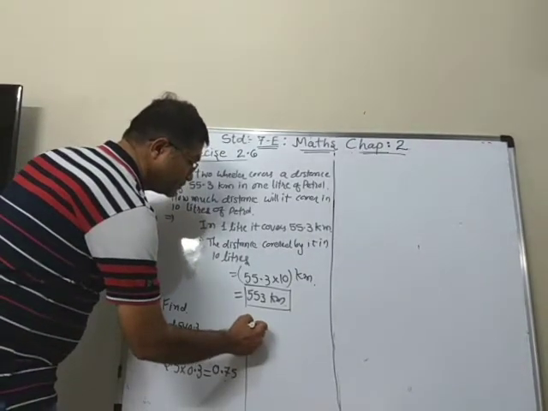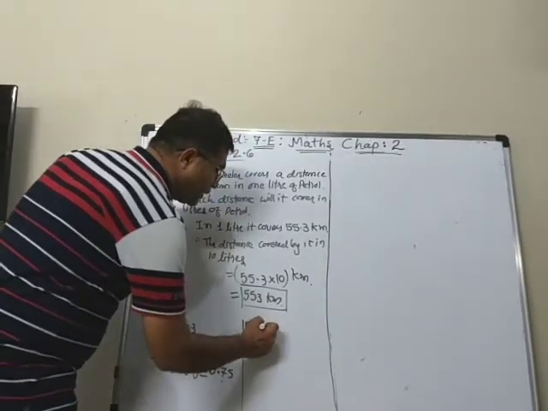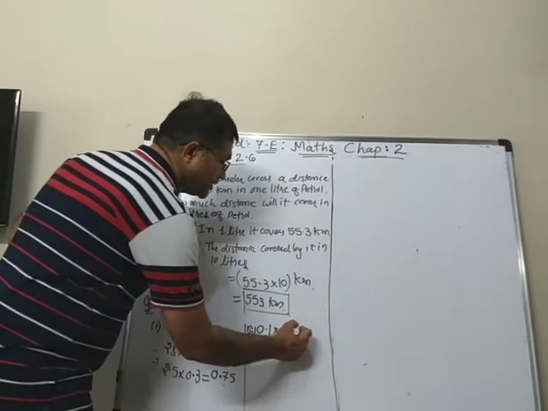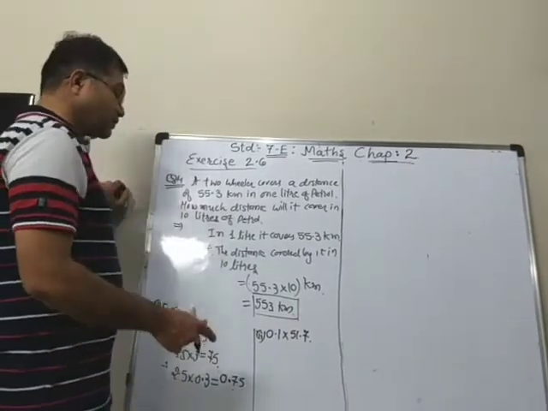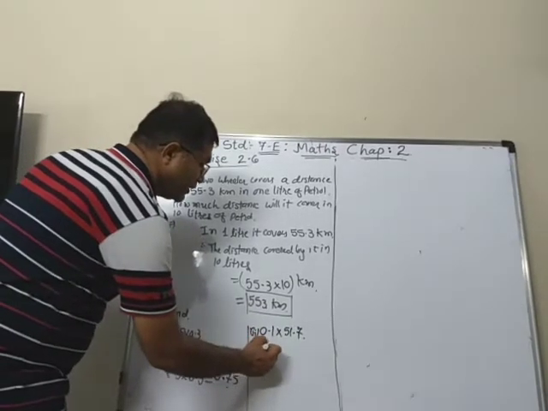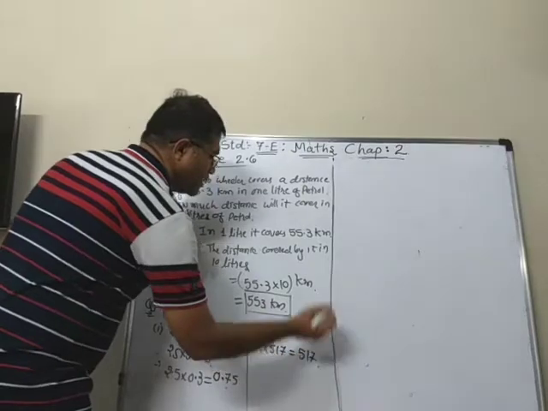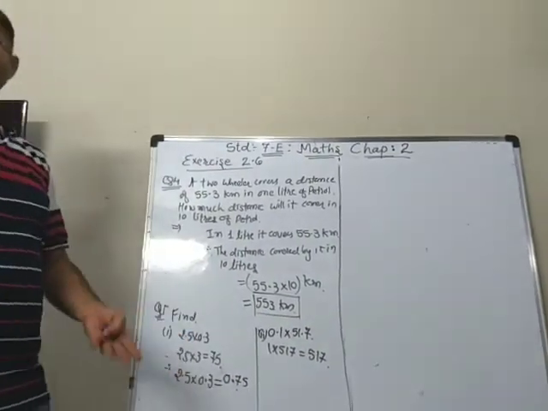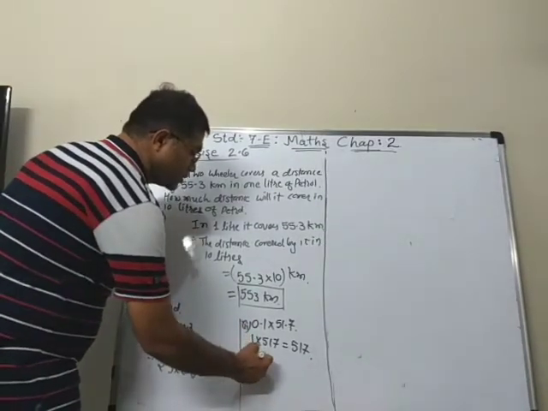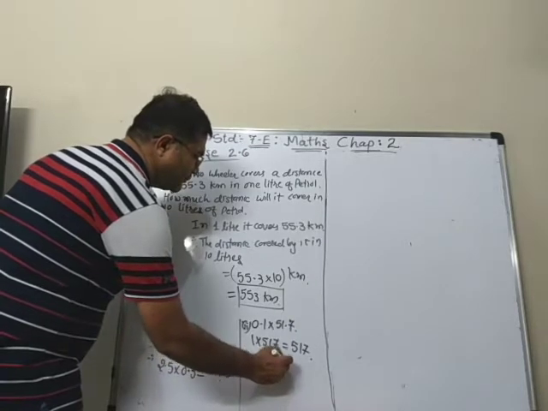Second one. Very simple. Second one shows 0.1 multiplied by 51.7. Now ignoring the decimal point, 1 multiplied by 517 is equal to 517, because we don't have to multiply, 5 and 7 are 5 and 7. Therefore 0.1 multiplied by 51.7.